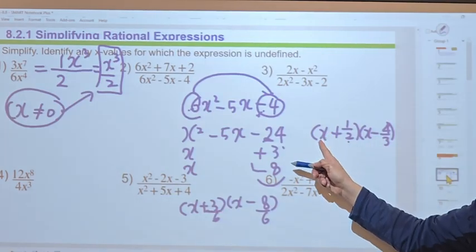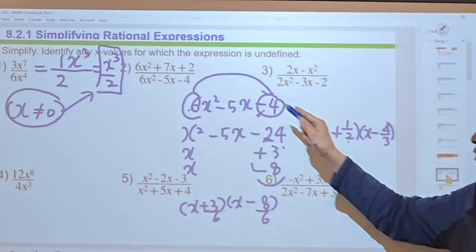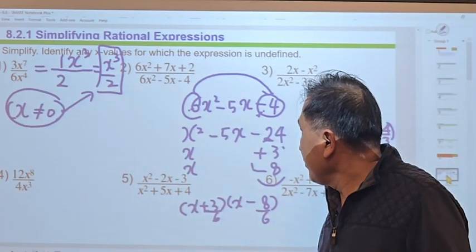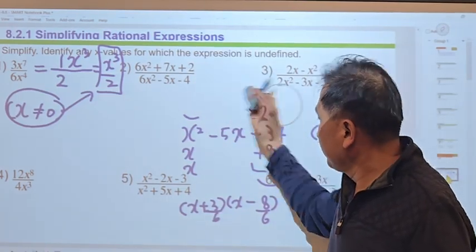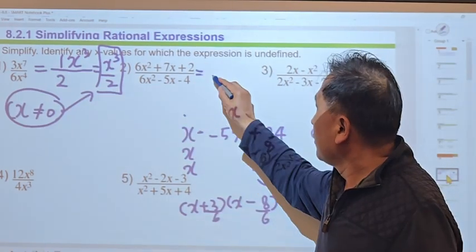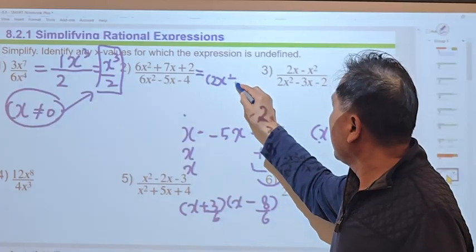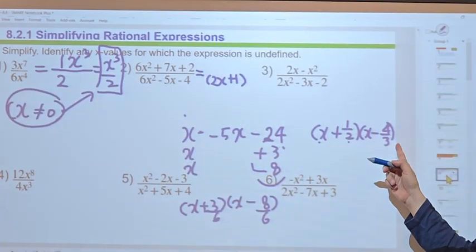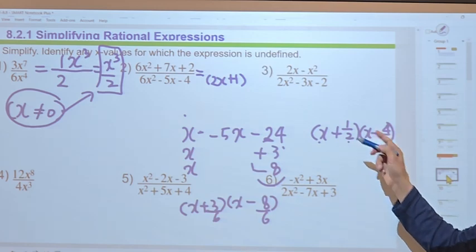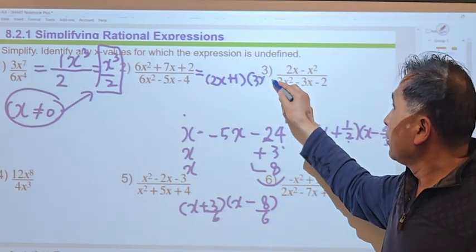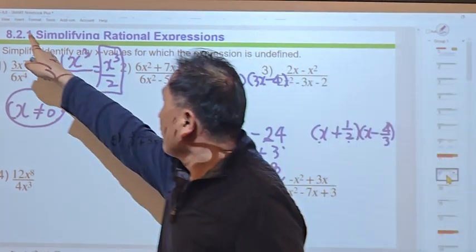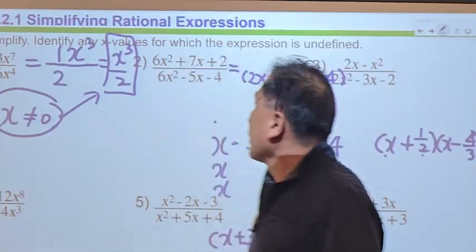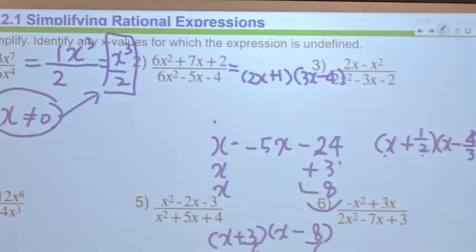So this becomes 2x plus 1. So this denominator is now 2x plus 1 there. And here, multiply by 3, because the denominator is 3 there, then 3x minus 4. Everybody got it up here?